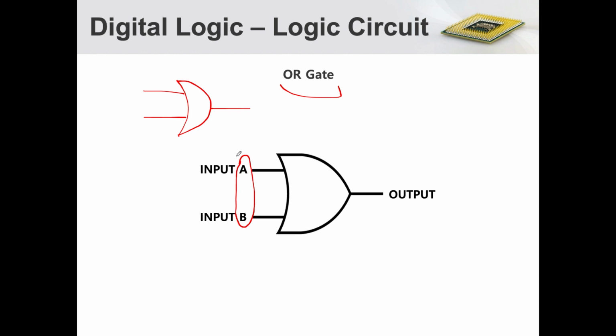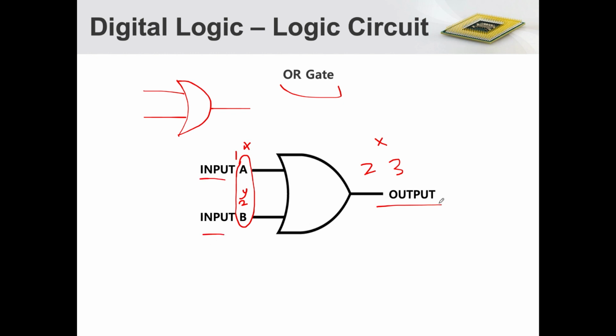You can have input 1, input 2, or input X, input Y, and the output is Z, or the output is 3, depending. What you need to know is you have 2 inputs and 1 output.